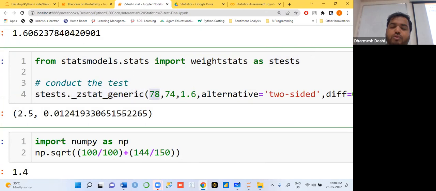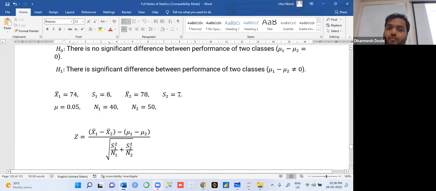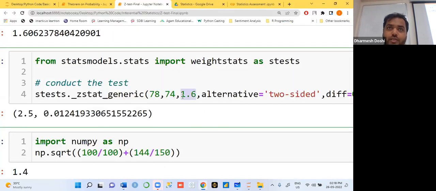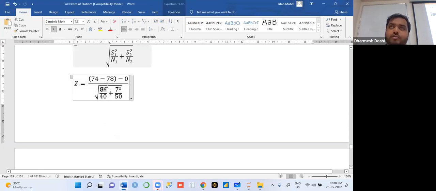Next, first return the greater value, greater than the smaller. Then next we have to compute the standard error, which is 1.6. How do I get this? Okay, 8 square is how much, guys? 40.